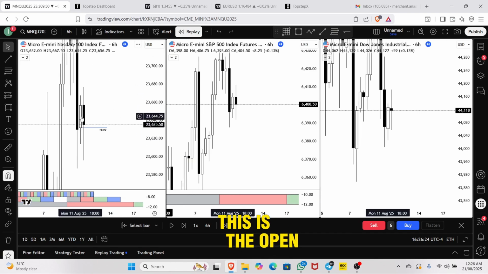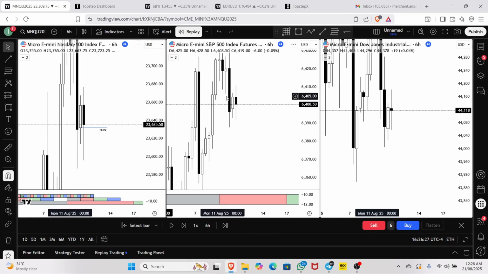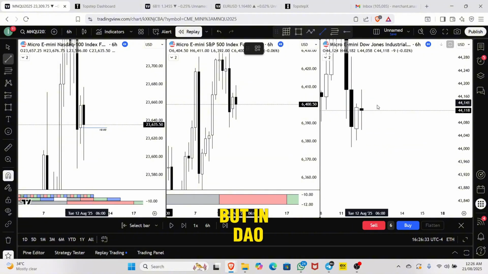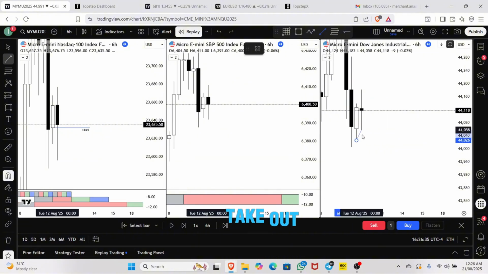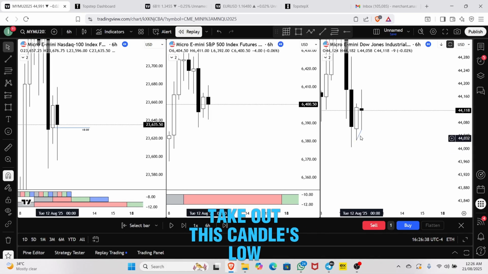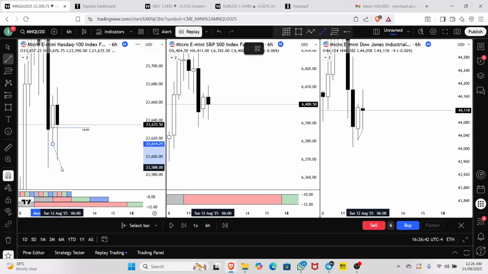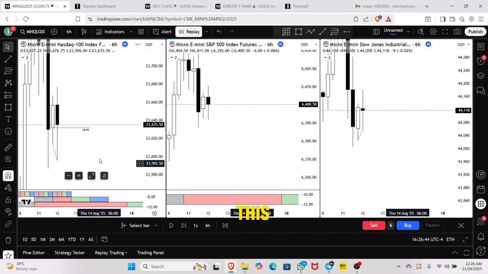This is the open. Here in S&P 500 we took out this low, but in Dow we failed to take out this candle's low. You see, this is our number one telltale sign.